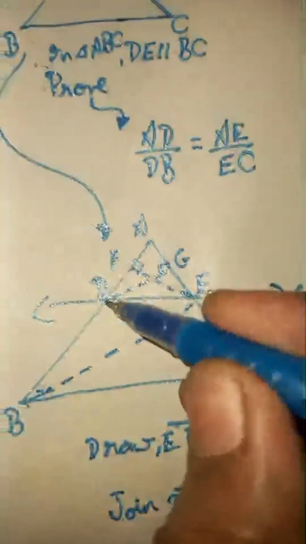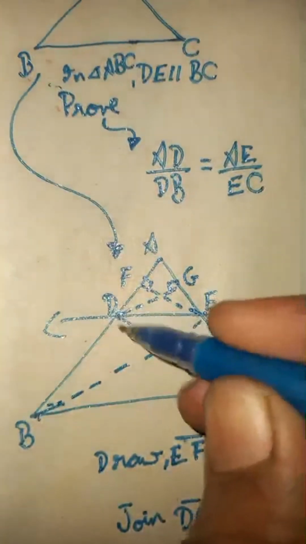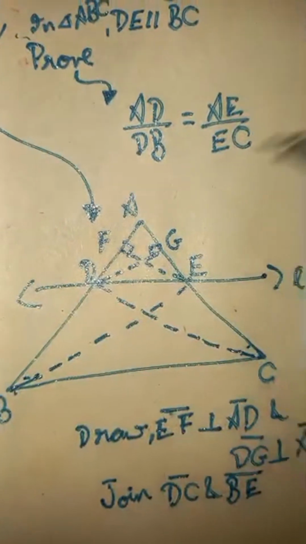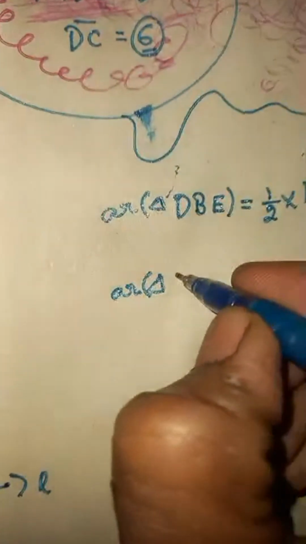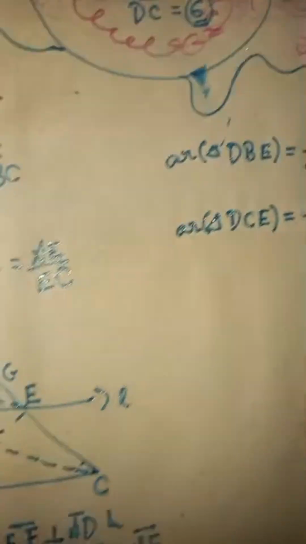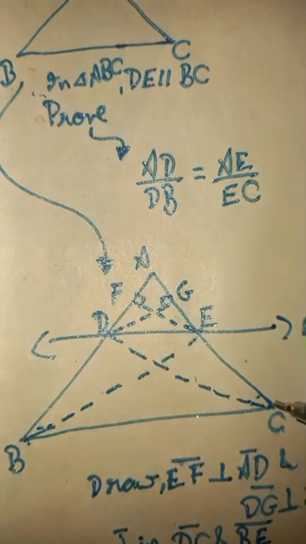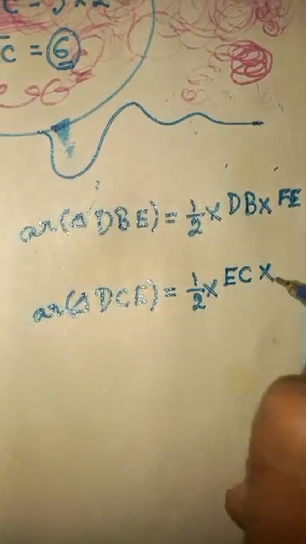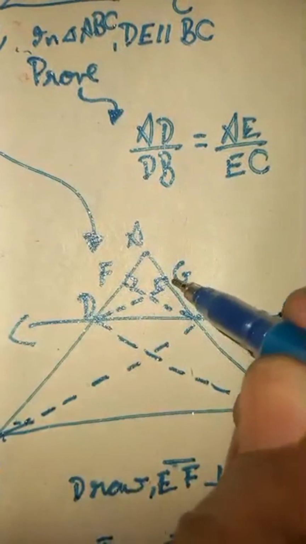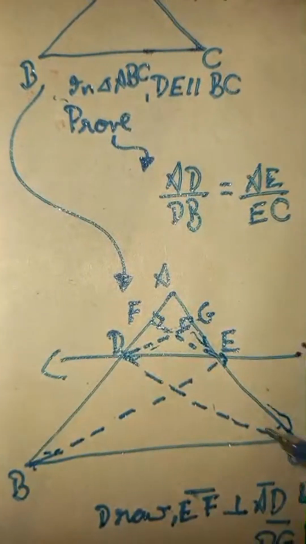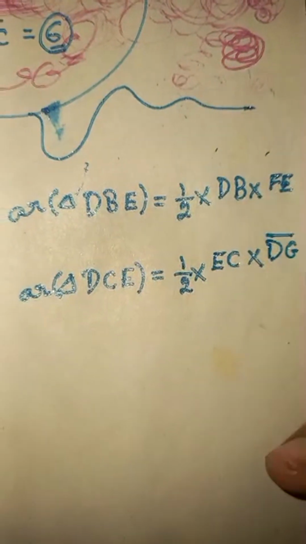Now let's take triangle DCE. The area of triangle DCE, in the same way, is half times the base, here the base is EC, times the perpendicular, that is DG.